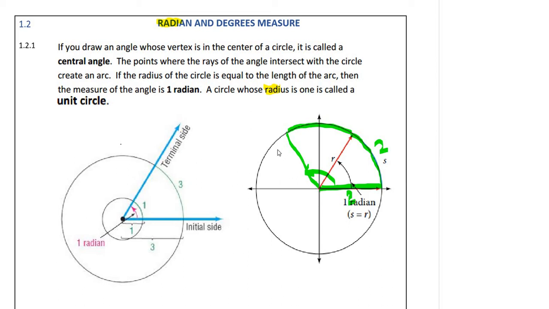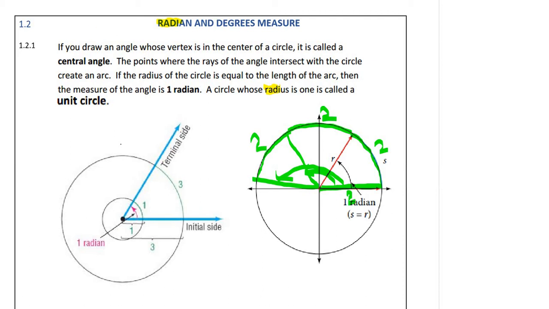If I go another one up till there, so that was another length of 2, then I walked through 3 radii, and this will be 3 radians. So this is another way of measuring the angle using radians.